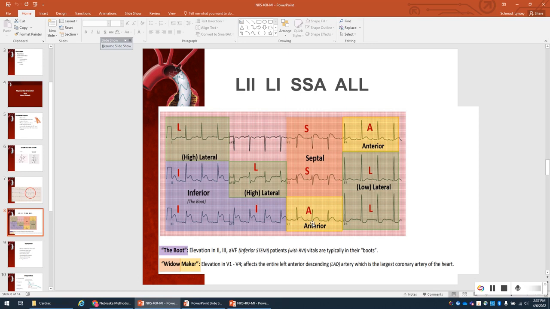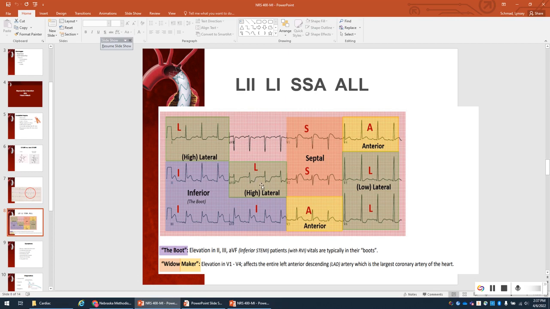So here's a diagram or picture I found that I think is very helpful. There's an acronym when you're looking at a 12-lead EKG. As you go down, you see leads 1, 2, and 3. So you have LII, or a big lie. Then you have AVR.